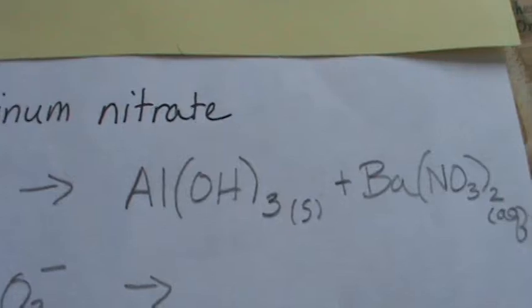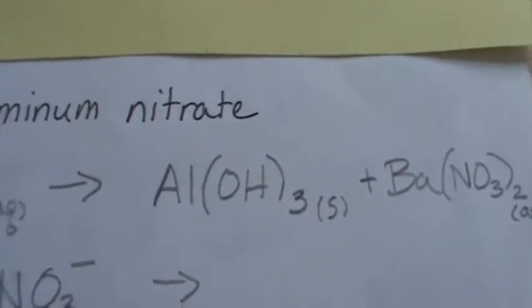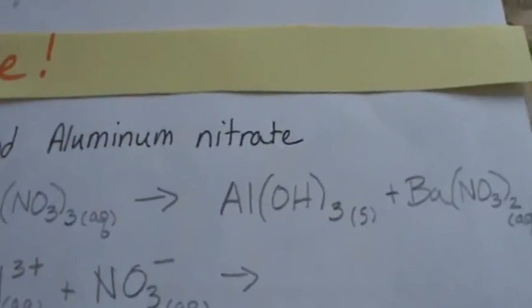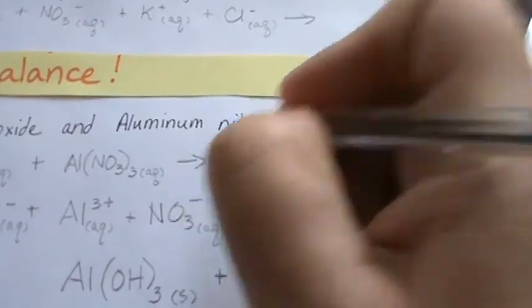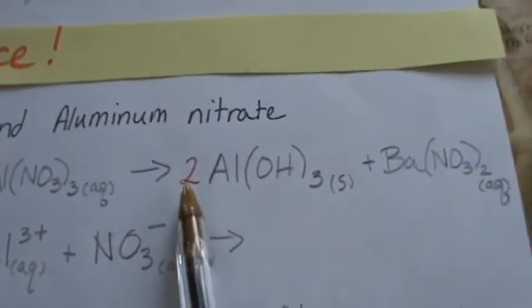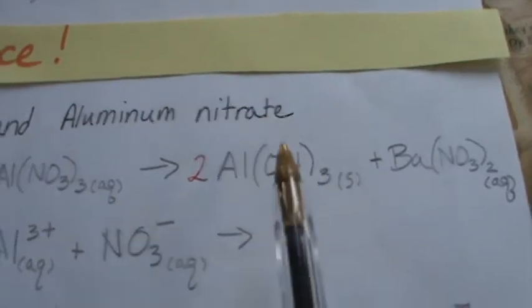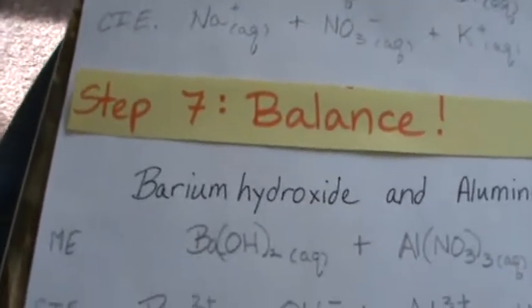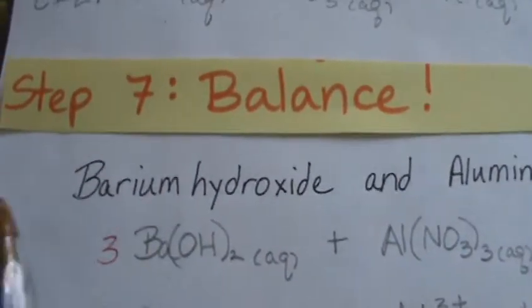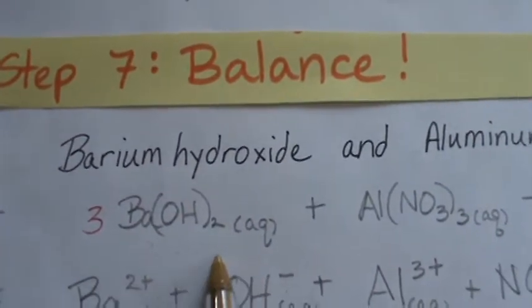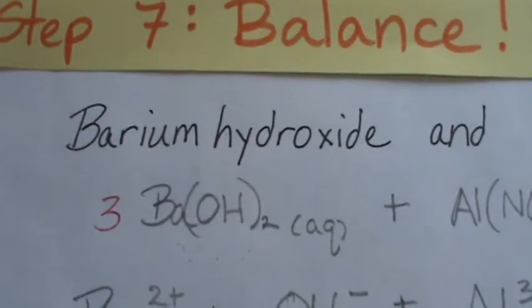Now I know that 2 times 3 is 6. So the way I'm going to balance my hydroxide is by putting a 2 here so that I have 2 times 3 or 6 hydroxides, and by putting a 3 here so that I have 3 times 2 or 6 hydroxides on this side as well.